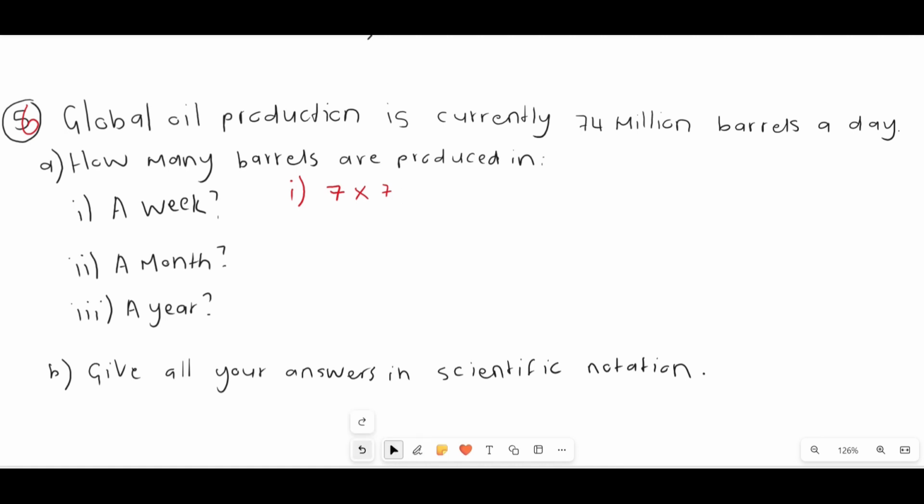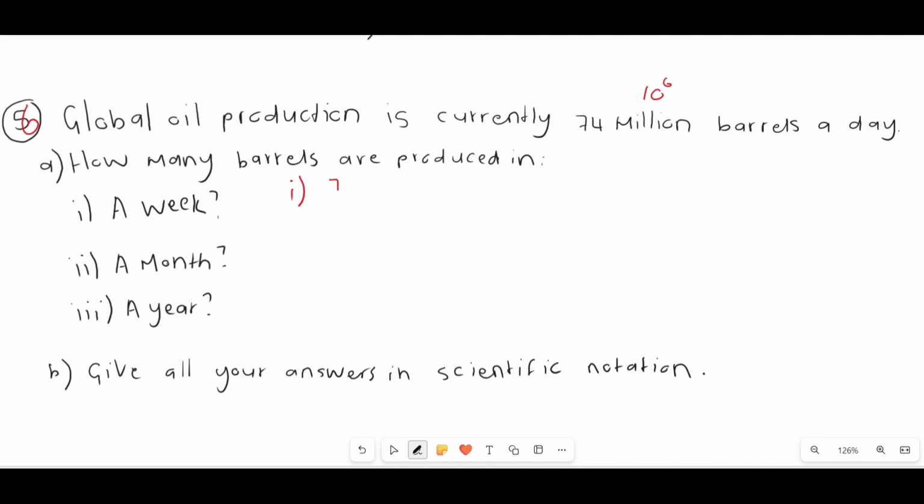Let's write it in column form, so we can do the column method. When we multiply 74 with 7, we can just add the million afterwards and then we will have the correct answer. We know a million is 10 to the power of 6, so we need to just add 6 zeros onto our final answer.